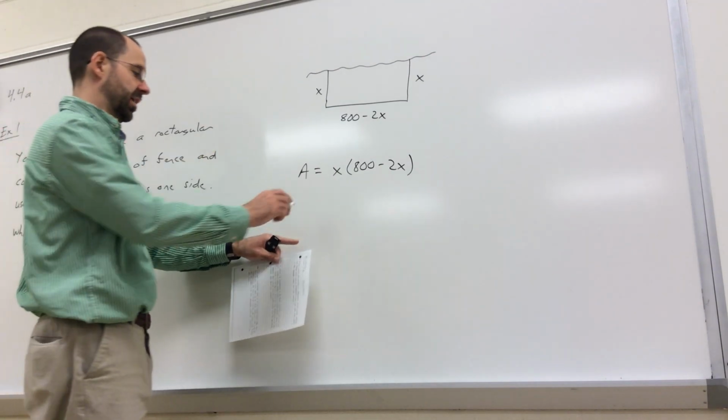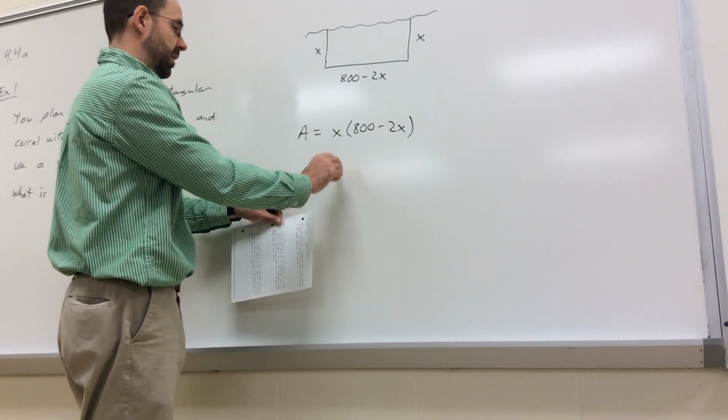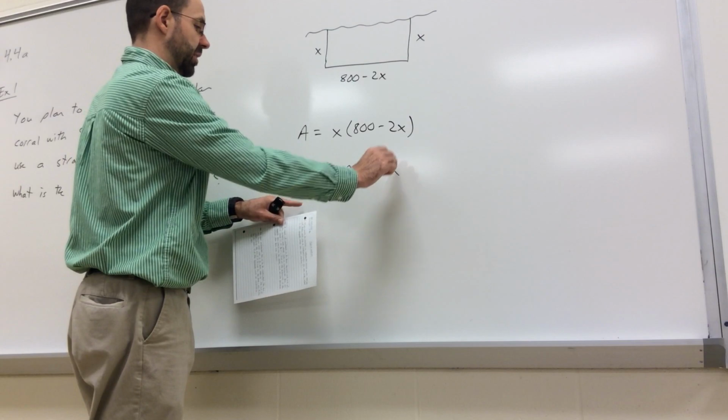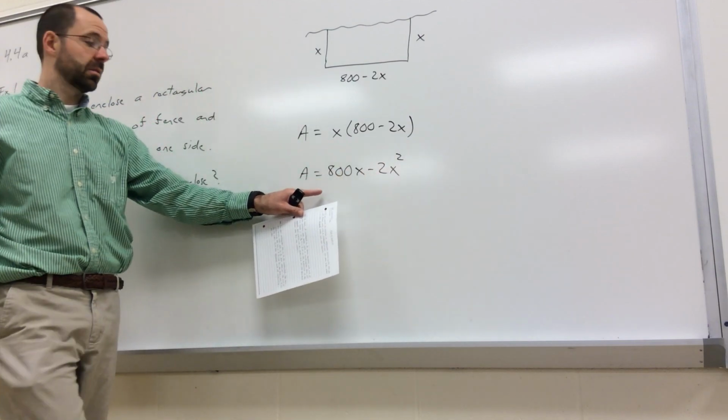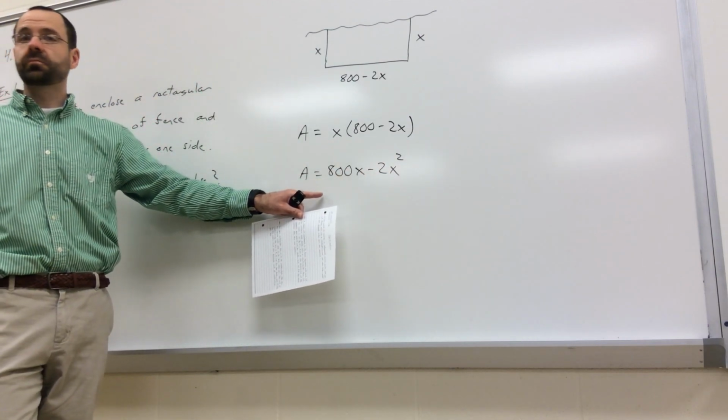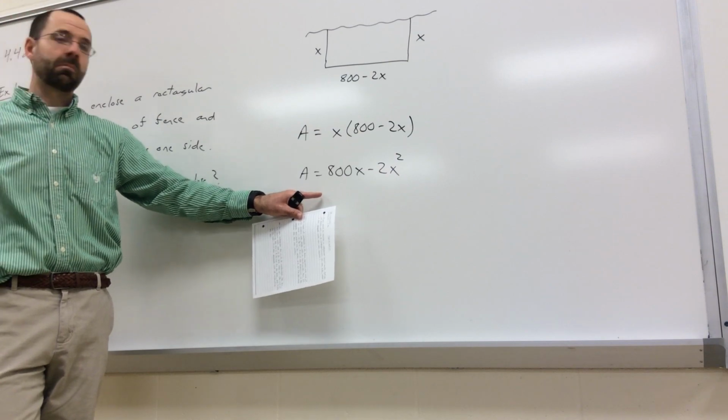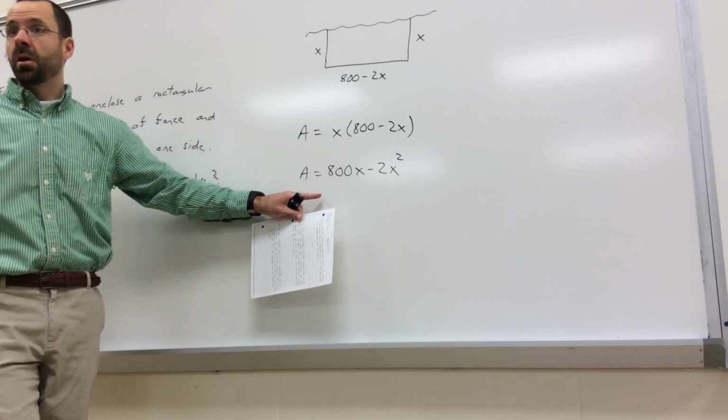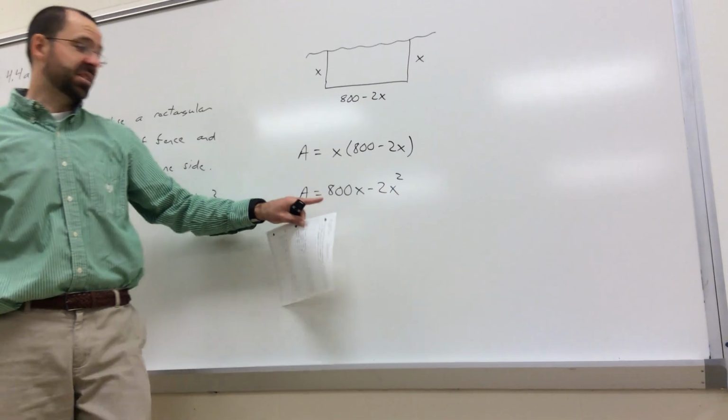Distributing the x, that would be 800x minus 2x squared. And we're looking for the largest possible area.